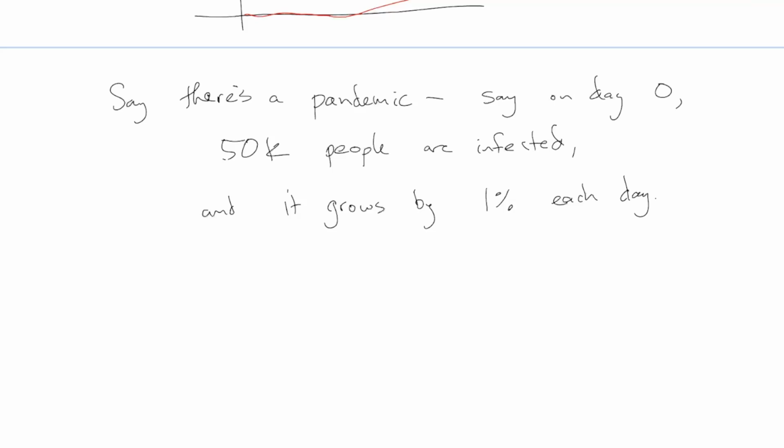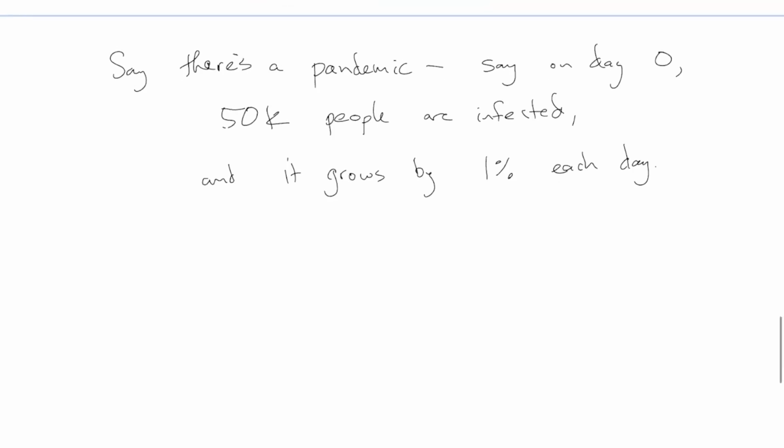It doesn't sound like I'm saying anything exponential, but actually the proper way to represent this as a function is using an exponential function. This cannot be represented with an ordinary polynomial or something like that. And it's because I said it grows by 1% each day, right? Let's see if I can try to come up with a formula for this.